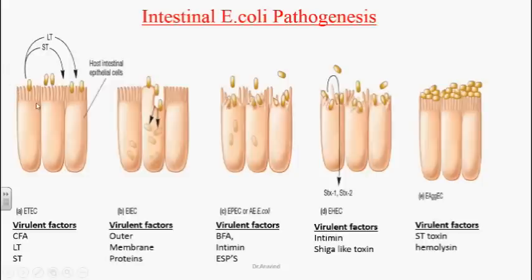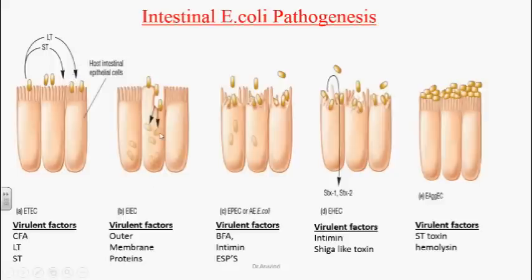Whenever they enter into the GI tract, they will attach to the small intestine enterocytes with the help of bundle forming pili or colonizing factor antigen. After attachment, they will release LT, the heat labile toxin, and stable toxin. So ultimately, they will cause diarrhea in the GI tract, diarrhea in humans.